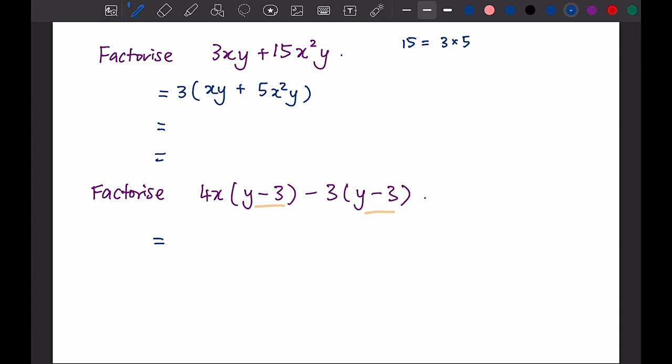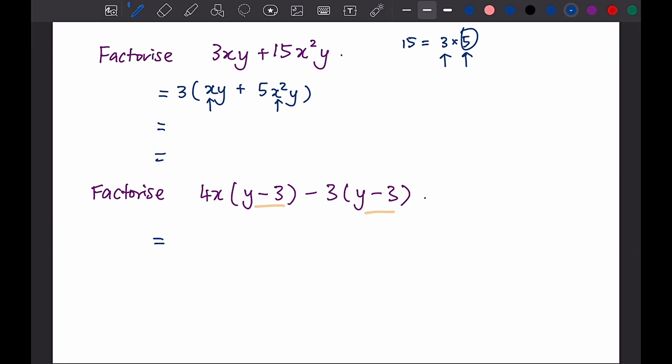Alright, and next, when we extract the 3 from 15, do remember that 15 is made out of 3 times 5. So therefore, when we extract out the 3, we are left with the 5. So over here we have the 5 inside. But we're not done, because we still have more common factors. For example, I can again extract the x.